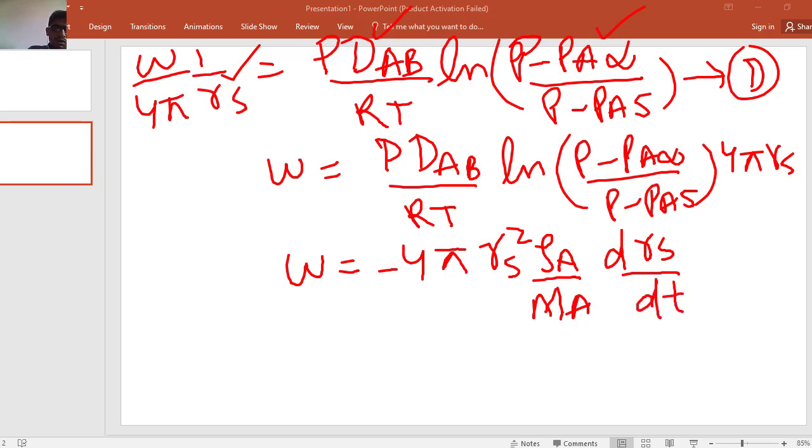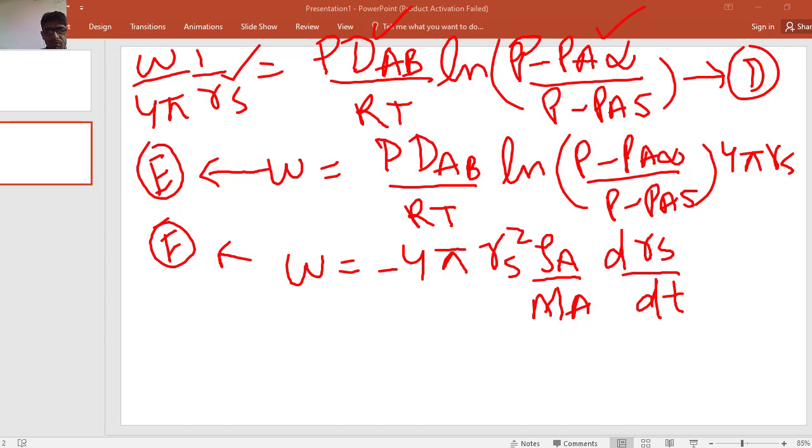Suppose this is equation E, suppose equation F. You can give any name to these two equations. Compare the two equations and simplify it.